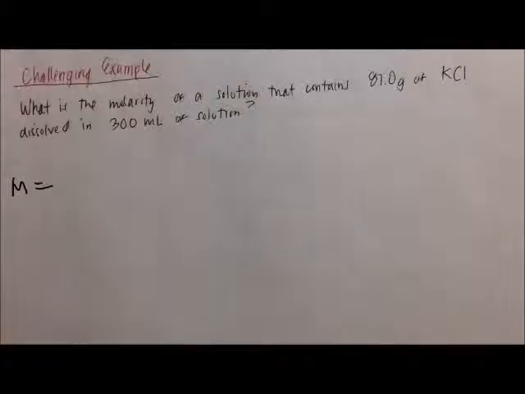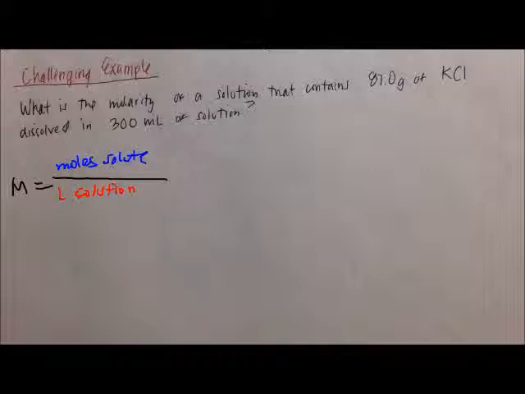Our molarity formula is moles of solute over liters of solution. Now we're given all the information in the equation, just that we have to do a little bit more work to get to it.